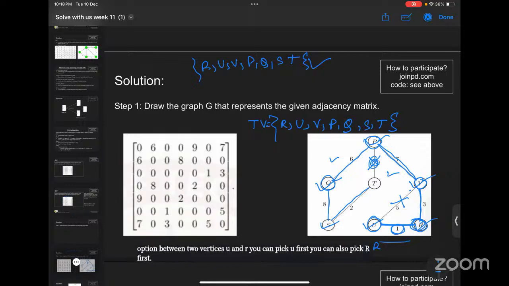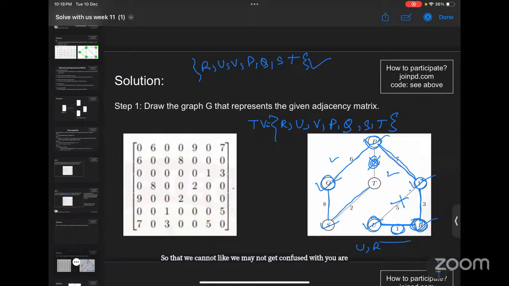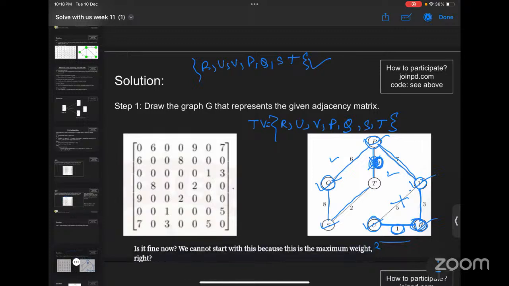That's why they specifically told you to take R first, so that we may not get confused with UR or RU. Okay, is it fine now? We cannot start with this because this is the maximum weight, right? So we have to start with the minimum weight. Okay.